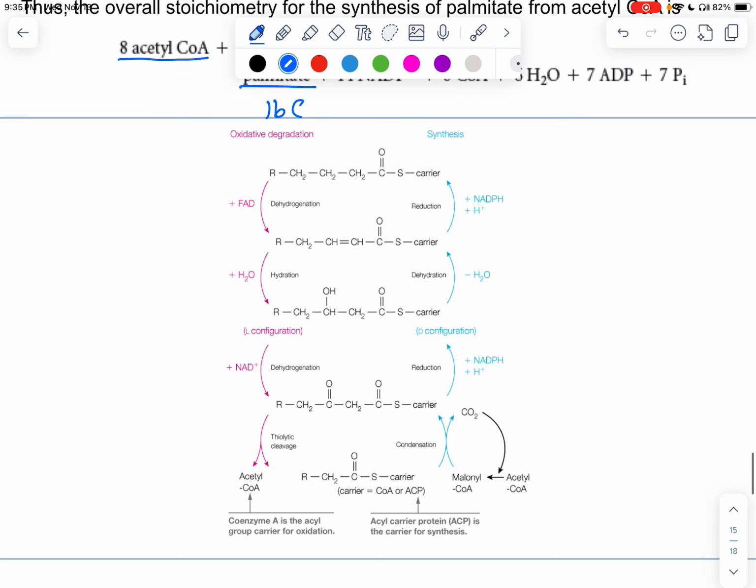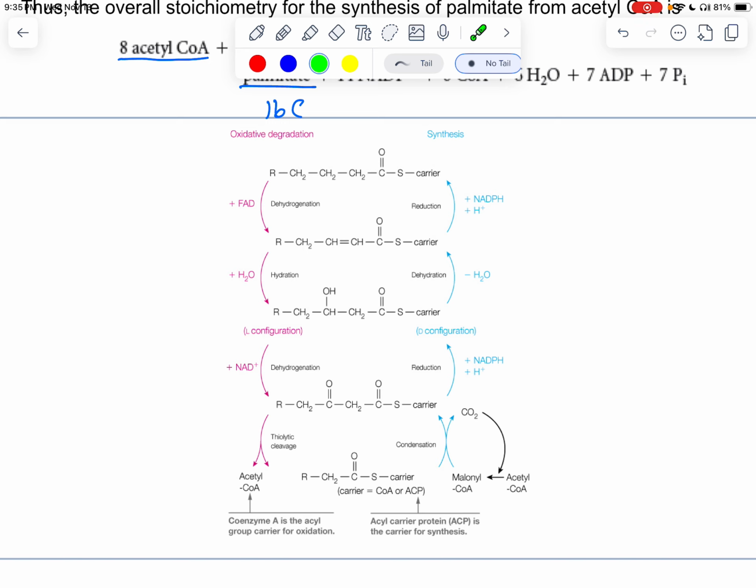All right, so what we want to look at now is this comparison between beta oxidation, the degradation of fatty acids shown with the pink on the left, and the synthesis shown in the blue on the right. Okay, these are really, really similar.